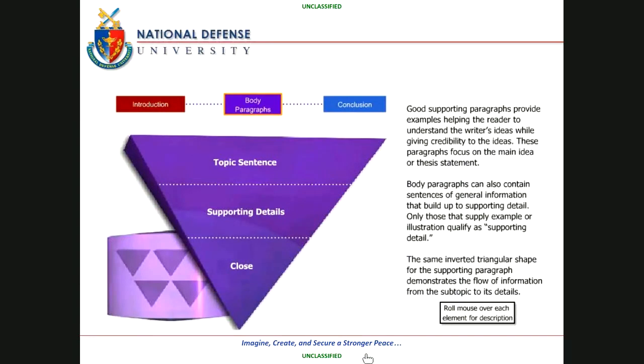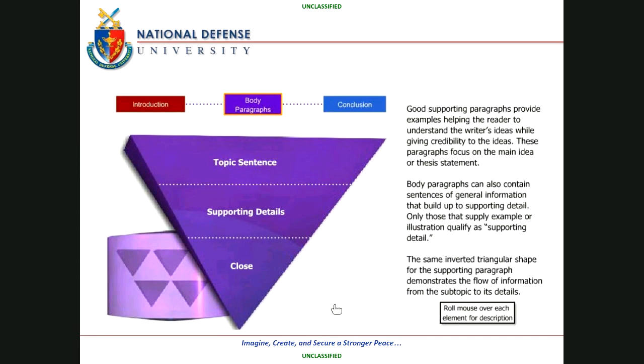Yes, ma'am, every paragraph should include a topic sentence that identifies the main idea of the paragraph. Thank you. It could summarize the paragraph, and it's something that is arguable.